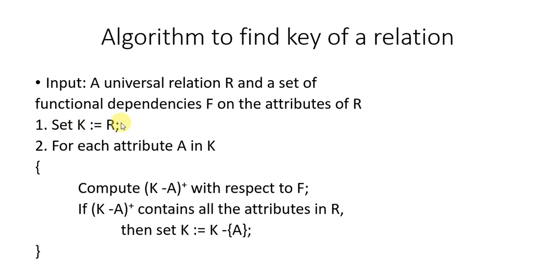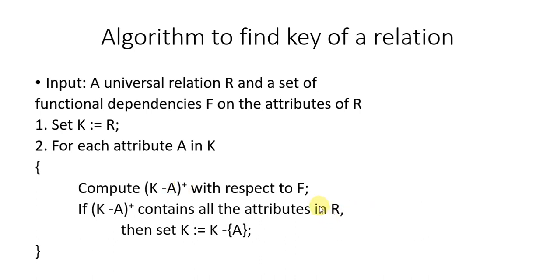And if K minus A plus contains all the attributes in R, okay, suppose K minus A, so we are taking one candidate attribute A and we remove that and find the closure. And if that closure contains all the attributes in R, then set K is equal to K minus A. So we remove A from that. Okay.